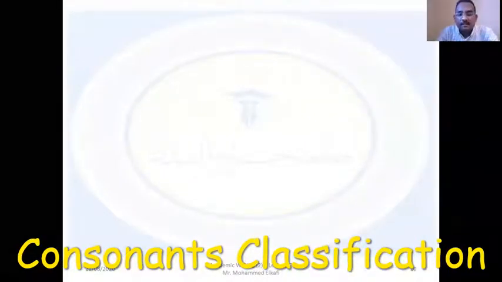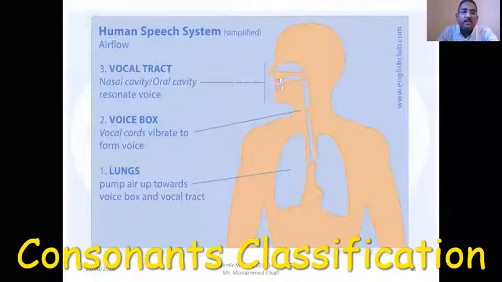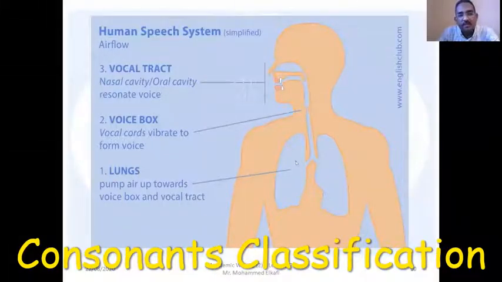Okay, let's see the human speech system. As you see here, we have the three parts of the human body. We have lungs, and we have the vocal cords, which are found in the voice box, or even known as voice box.